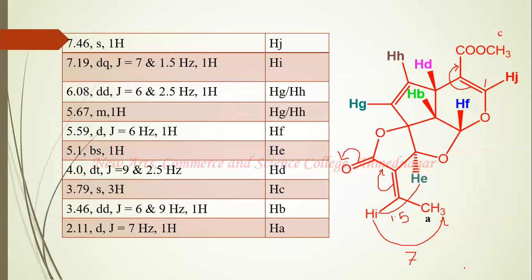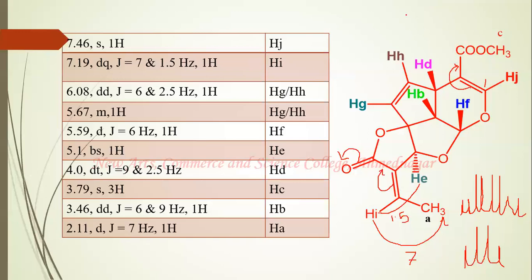The quartet will be there, and the lines of this quartet will get split again into a doublet. So we can say it's a doublet of a quartet or a quartet of a doublet. Every line will get split into a doublet.